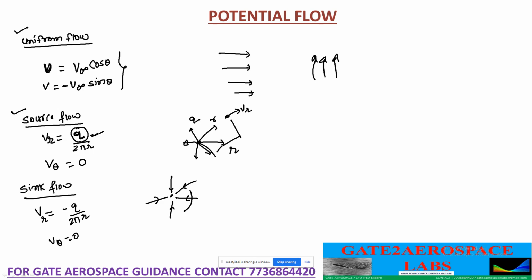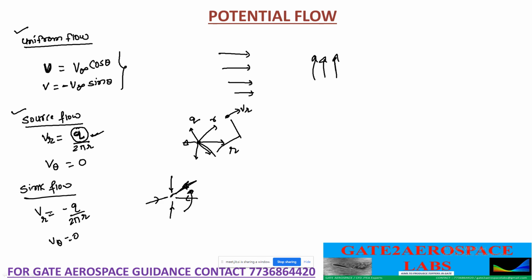There is no velocity in the tangential direction. Only velocity component is in the radial direction. Fine. So these are three basic flows. But in GATE examination they will not ask such simple flows. They will give you a combination of flows.